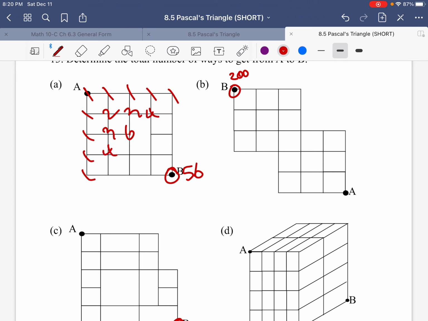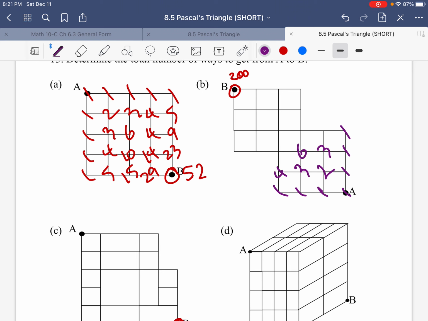Now I don't know how to pause it on this. 1, 1, 1, 1, 2, 15, 14, 23, 29. Sorry, 52, not 56. Sorry. Next one.